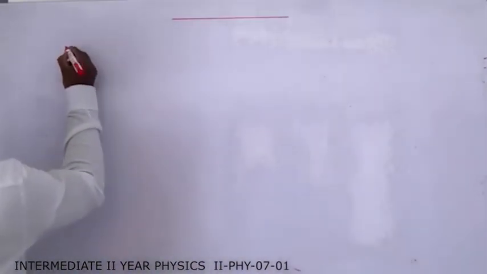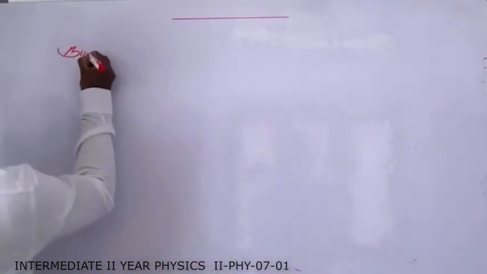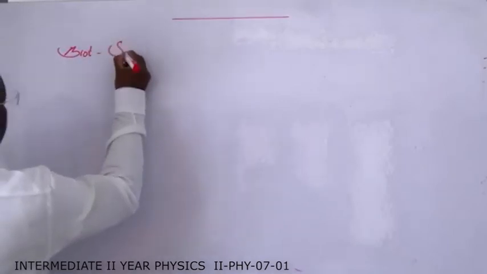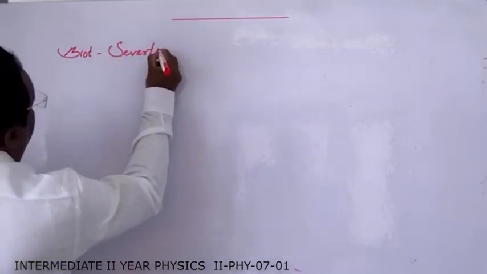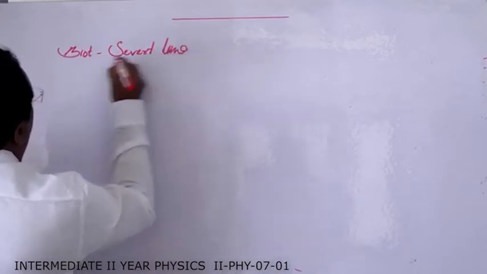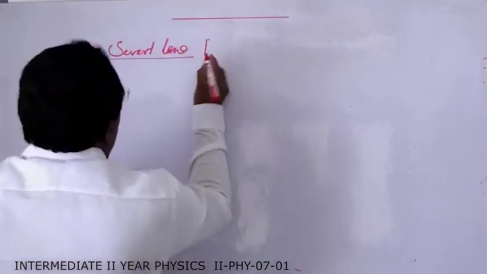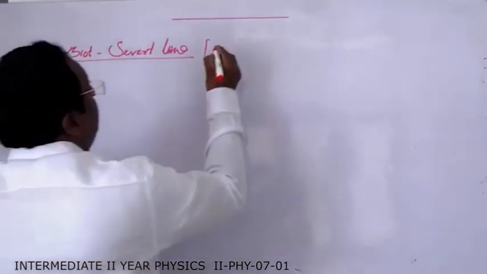Now first one, the Biot-Savart law. Now what is the purpose of the Biot-Savart law? To find the magnetic field.